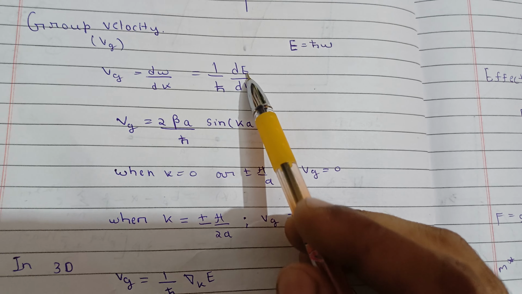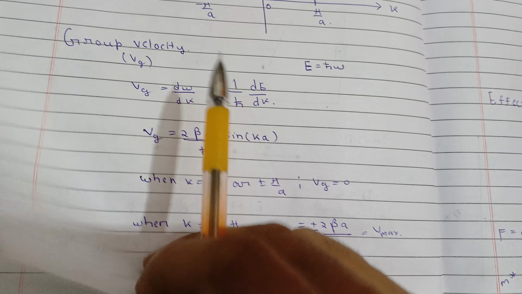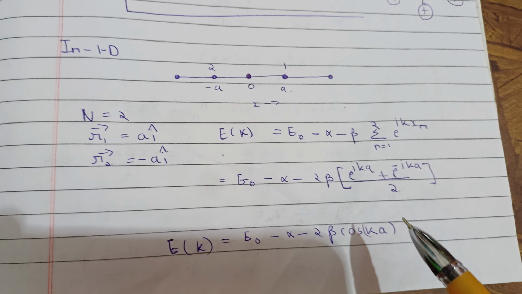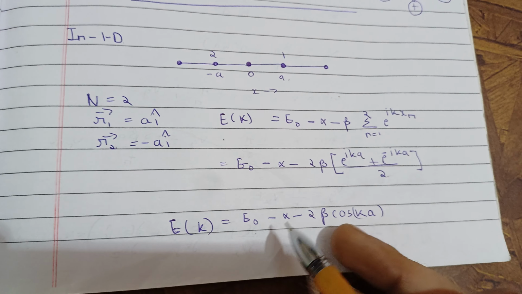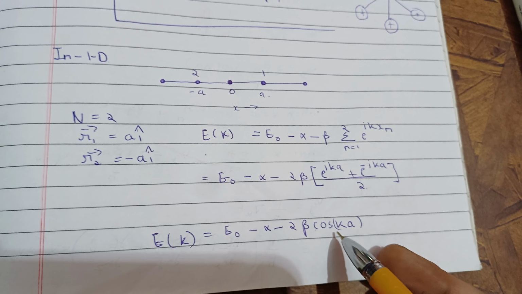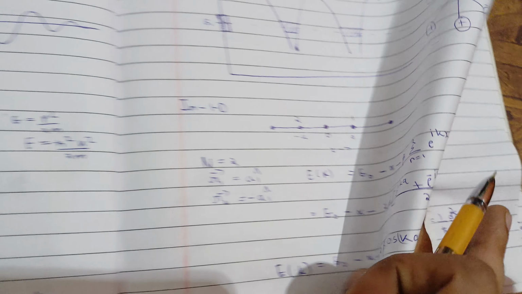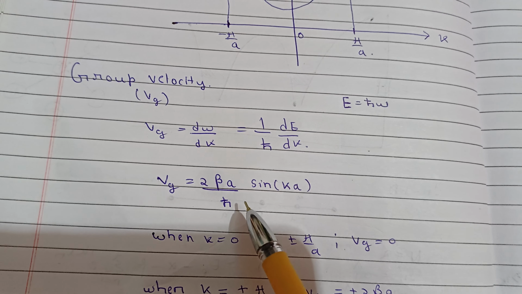Now you have the value of energy. What is the value of energy? This is the value of energy. Now if we find dE by dk, what will you get? This is constant, so it will turn out to be 0. Cos ka will become minus sin ka, and you will get a outside, so it will be 2 beta a sin ka divided by h cut.